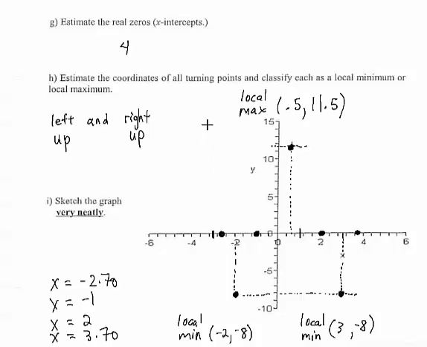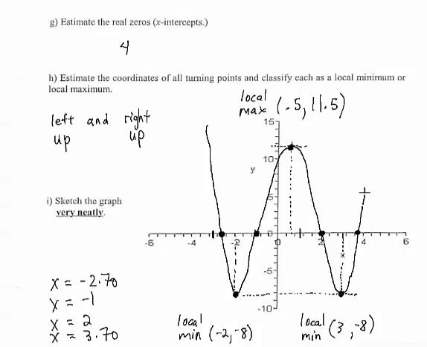We will come down from the left, pass through the first x-intercept, drop down, touch and curve through the first local minimum, back up through the second x-intercept, curve up to the top of our local max, back down through the third x-intercept, and so our polynomial basically looks like a W. And then finally, once we pass through our last x-intercept, we simply travel upwards towards positive infinity on the y-axis, and so our end behaviors again would be up on both sides.